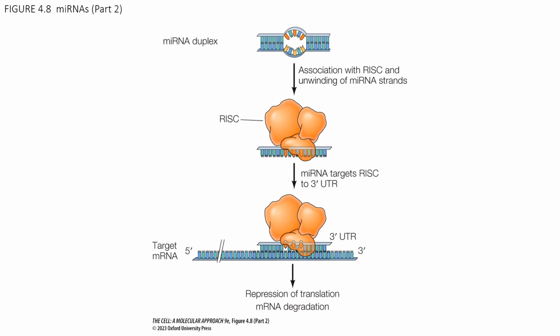And of course, it will seek out the RISC complex, otherwise known as the RNA-induced silencing complex. So this, in effect, will block any particular mRNA that is not effective or possibly mutated, to prevent or at least suppress any type of translation, and basically to stimulate the breakdown of this particular mRNA molecule.